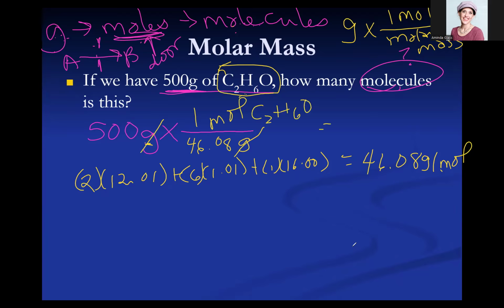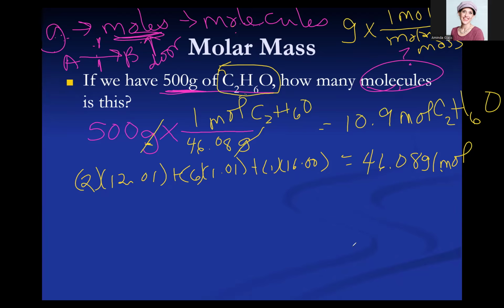So it's 500 times 1 divided by 46.08. That gives us 10.9 moles of C2H6O. That's the first step.